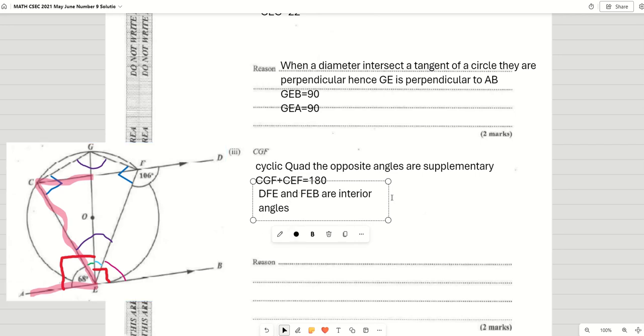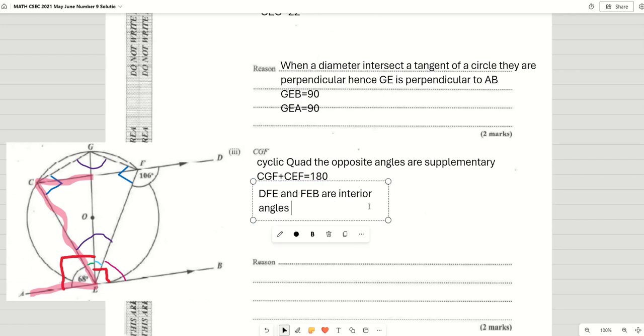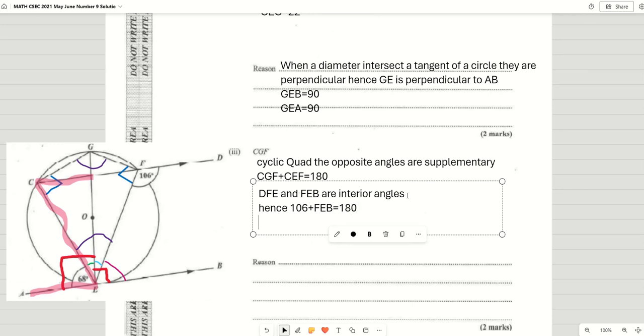Alright, hence 106 plus angle FEB would be equal to 180. So FEB is equal to 180 minus 106. So FEB is equal to 74.